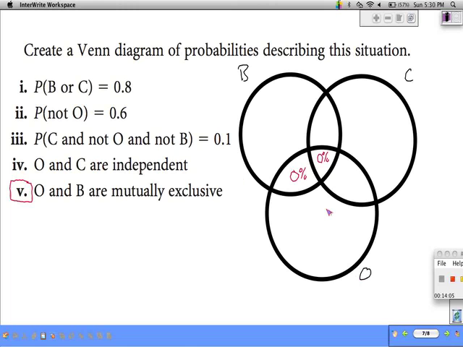Now, the probability, I'm going to jump up to 3. The probability of C and not O and B is 0.1. Well, that means that everything in C that also isn't in B and O is 0.1, so that would be this region here.